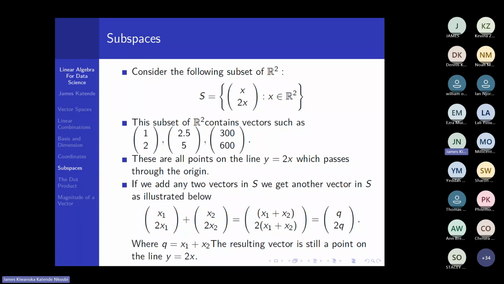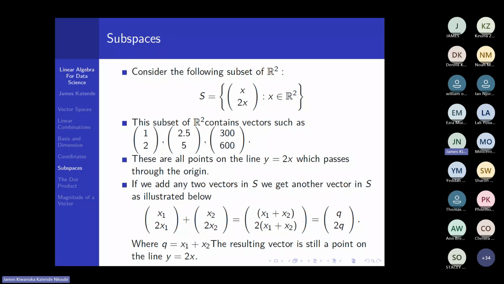So again, two things to check. One is if you pick any two vectors in here and add them, you should get another vector in there. And that is confirmed here. We have this vector, (x1, 2x1), and the second vector, (x2, 2x2). When we add them, we still get a vector where the y coordinate is twice the x coordinate.